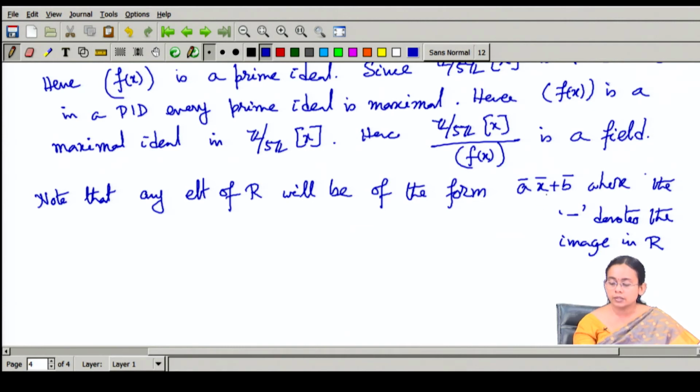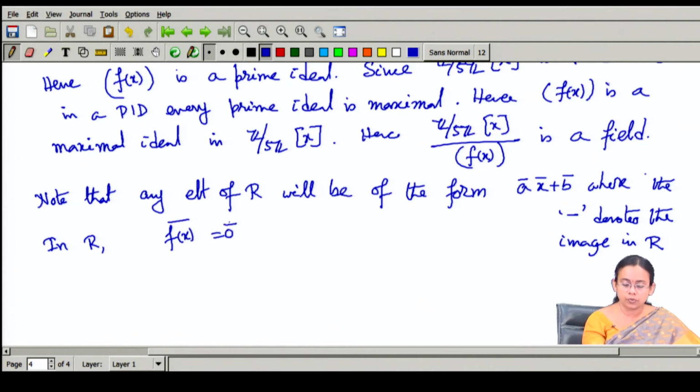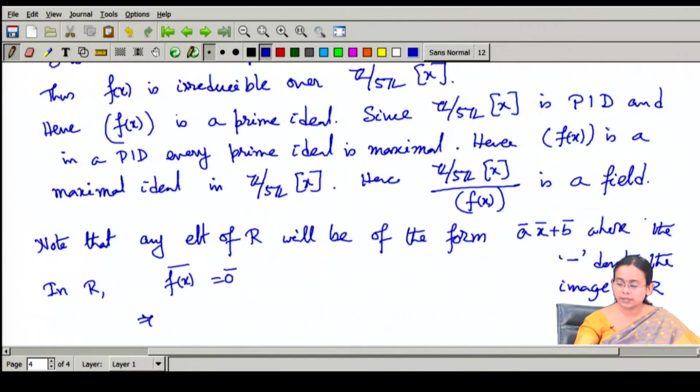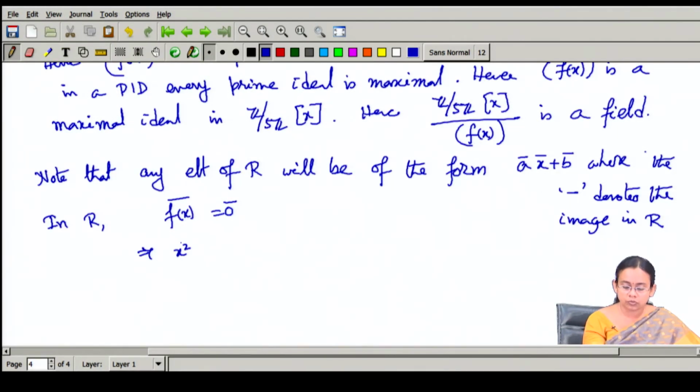Why? Because in this quotient ring R, the 0 element is nothing but f(x) bar is equal to 0 bar. That means x square plus x plus 2 bar is equal to 0 bar.